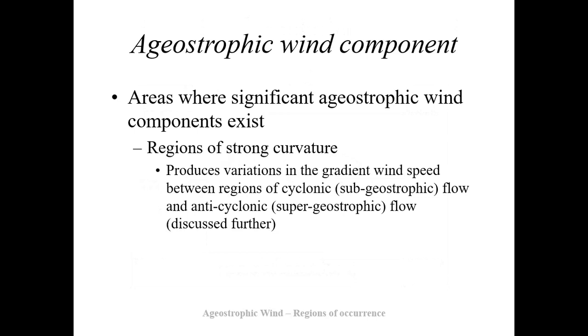So areas where there are significant ageostrophic or out of balance wind components, where do they exist? They exist in regions of strong curvature. This is going to produce variations in the gradient, what's known as a gradient wind speed, between regions of cyclonic, and I'll explain what subgeostrophic is here in a minute.